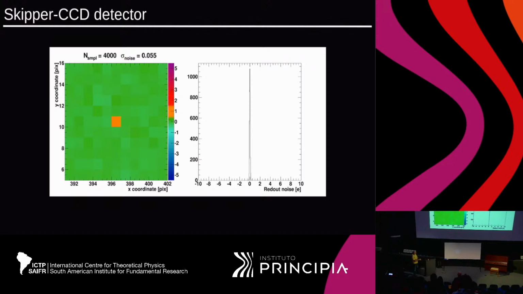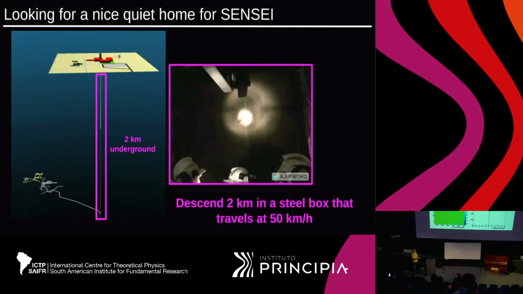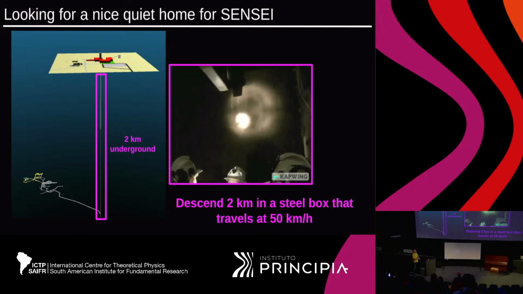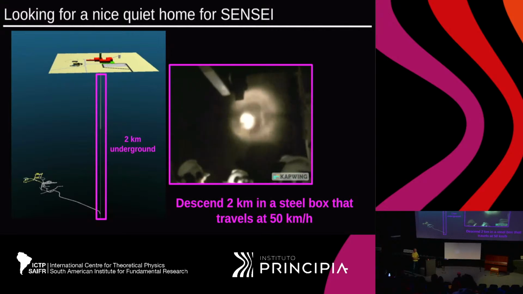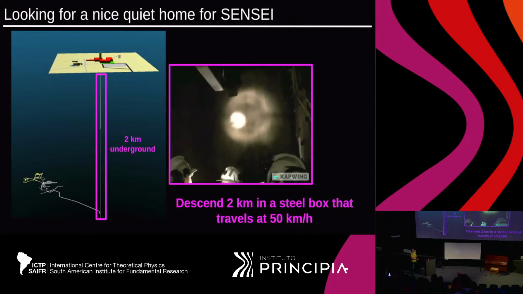Now that we have found a detector that has an extremely low energy threshold, we need to find a good place to take it and look for dark matter. So the place is SNOLAB. SNOLAB is an underground laboratory in Sudbury, Canada, that is inside an active mining operation.